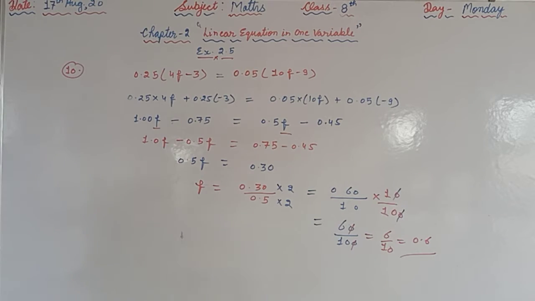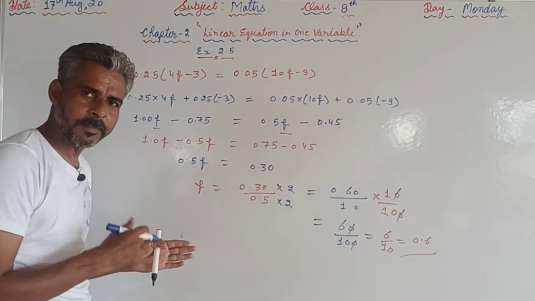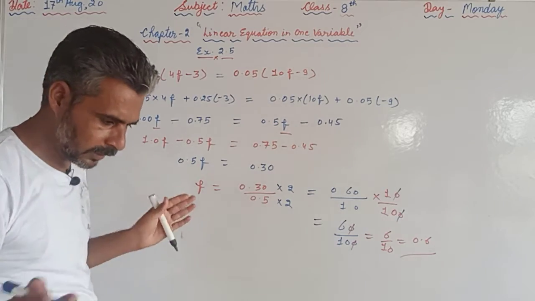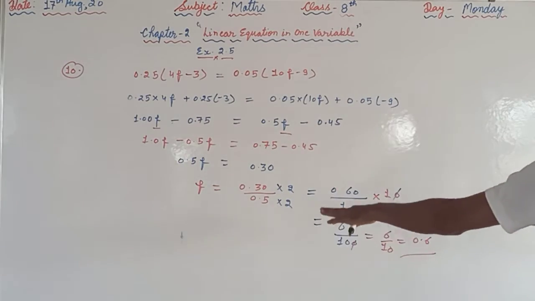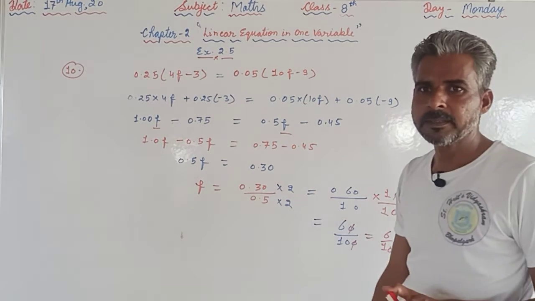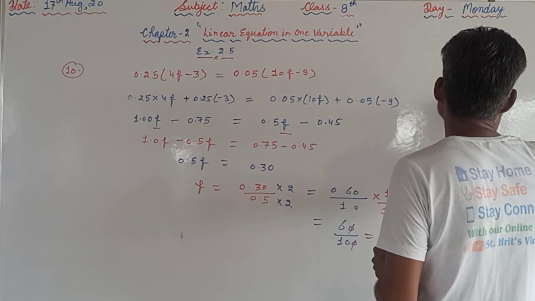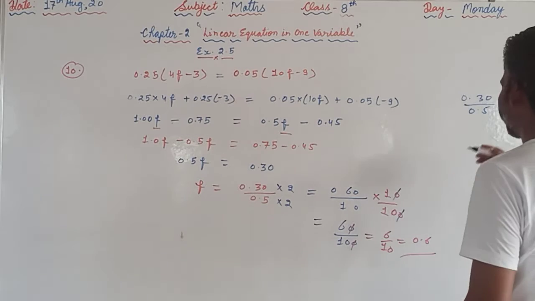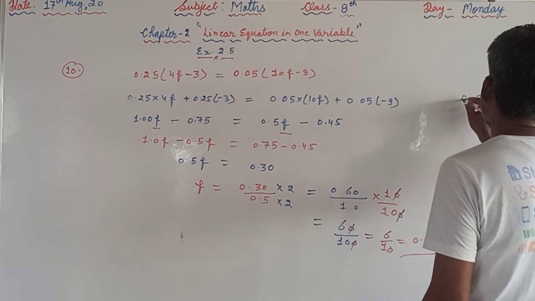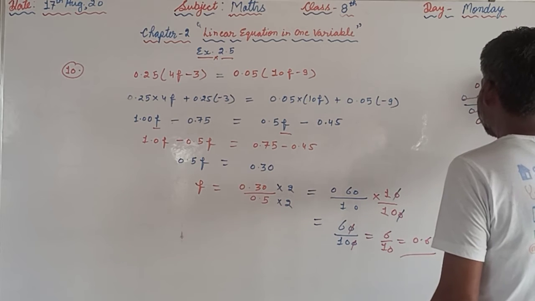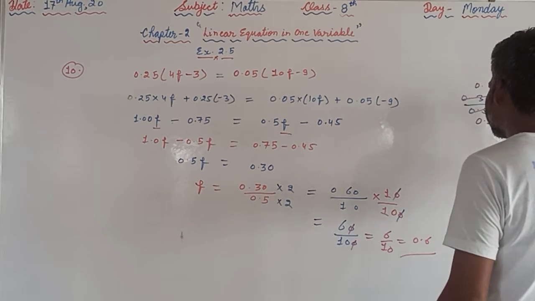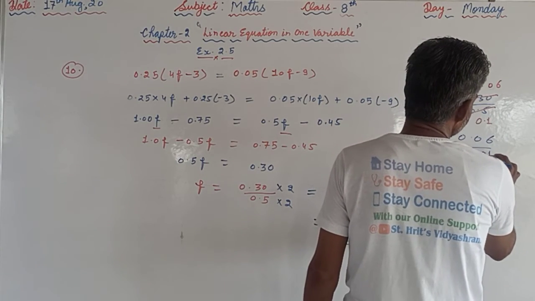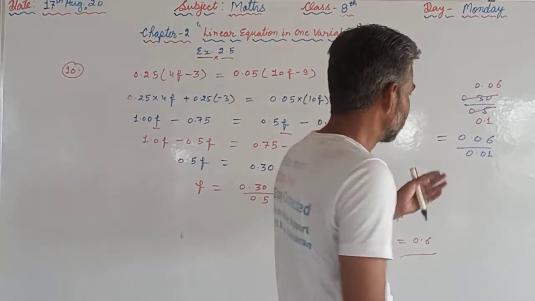So you can do like that, or we are having some other methods also to solve this. You can use either method, means f is equals to 0.30 divided by 0.5, or one more method is there, 0.30 upon 0.5, we can divide by 5, so it will come 0.06 upon 0.01, so 0.1.